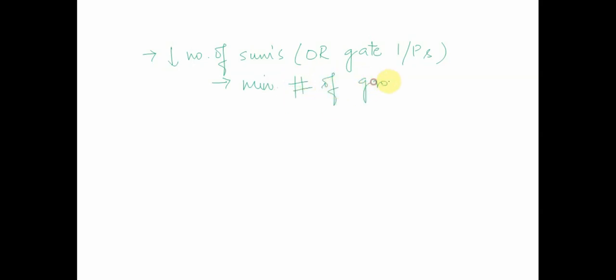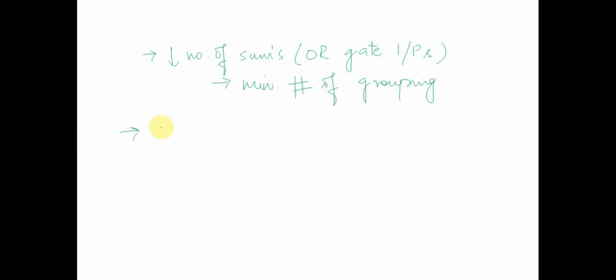So basically, if we have to decrease the number of sums, basically decrease the number of OR gate inputs, what we have to do is minimize the number of groupings.